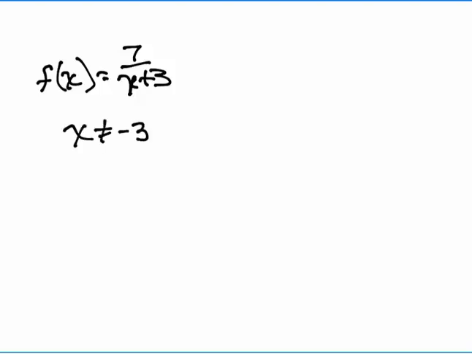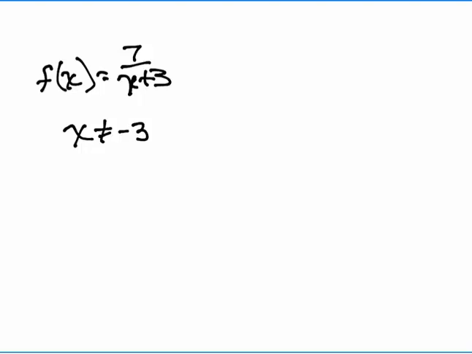Here we go. f(x) is equal to 7 divided by x plus 3. What can we not have inside our denominator? A 0. So what number would not work? x cannot be a negative 3. So it would be all the other numbers, but it cannot be a negative 3.